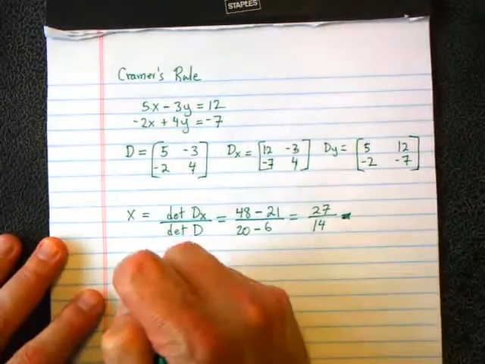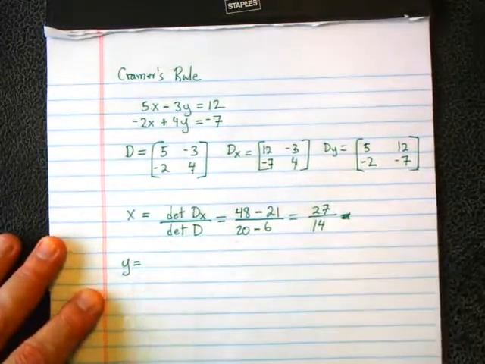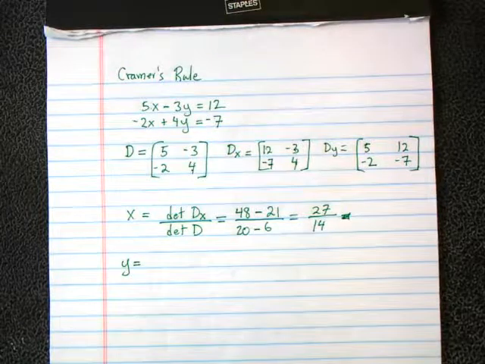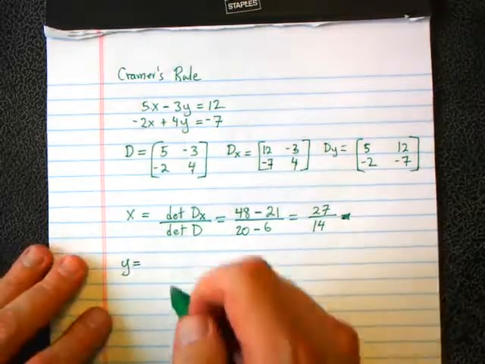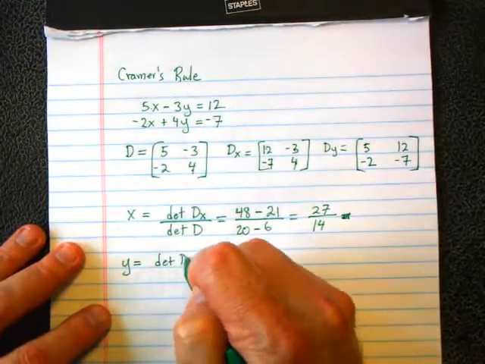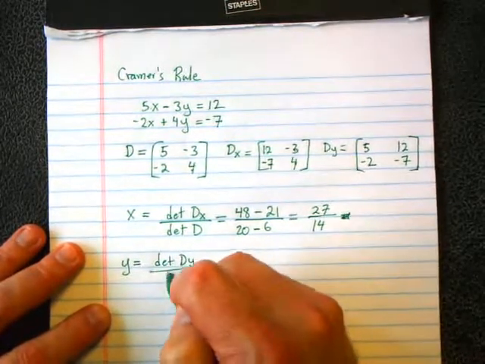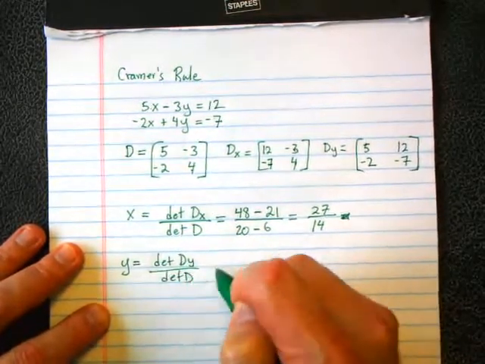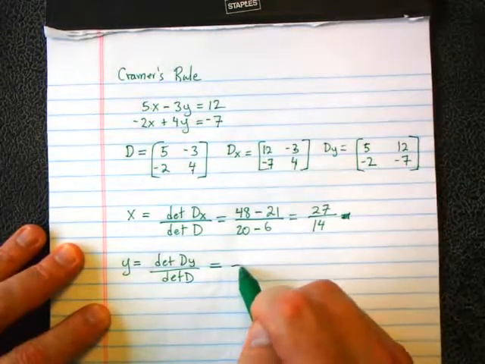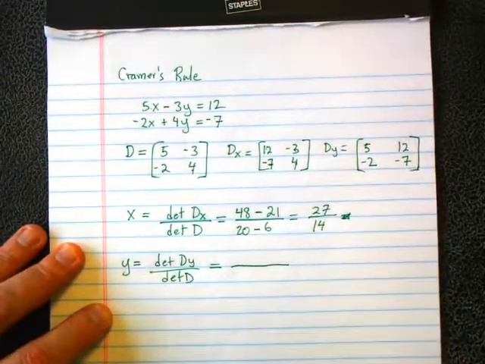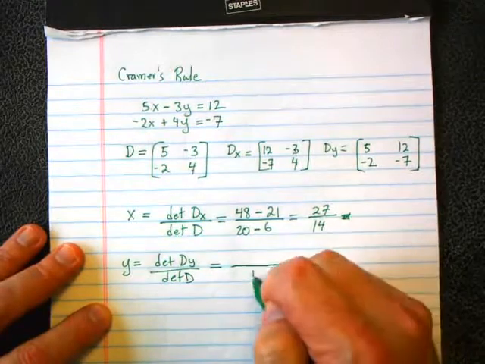All right, how do you find y? You do exactly the same thing except you use dy. That is correct. So y is the determinant of dy divided by the determinant of d. And the nice thing is, I already know what the determinant of d is. What's the determinant of d? 14. I already did that. I don't have to do it again.